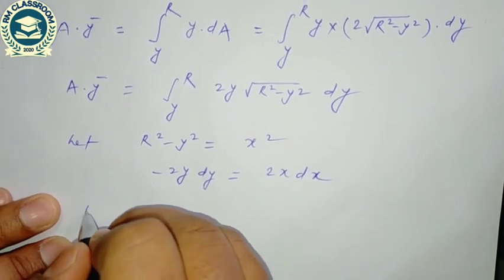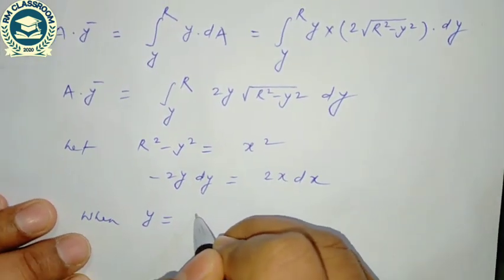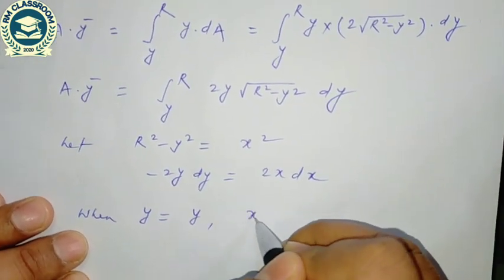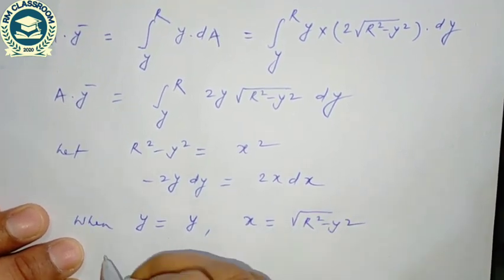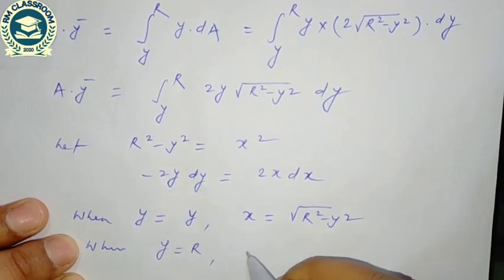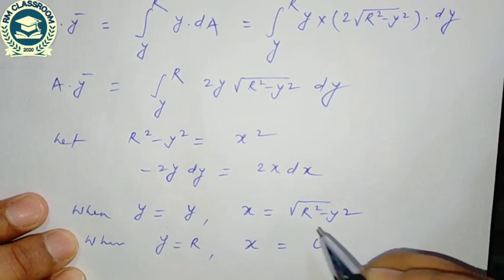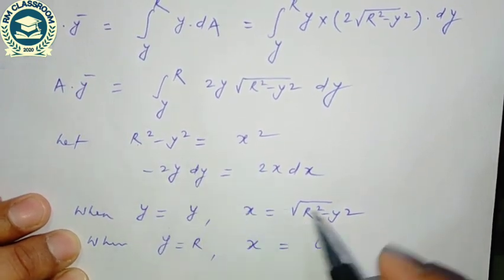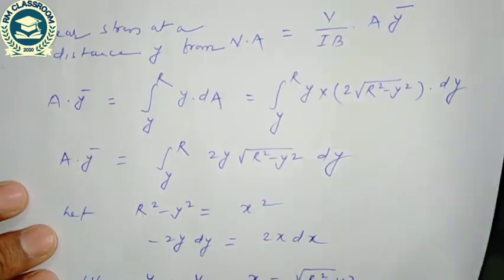When y is equal to y, x is equal to the square root of r square minus y square, and when y is equal to r, x is equal to 0, because r square minus r square is 0. So just change the integration.